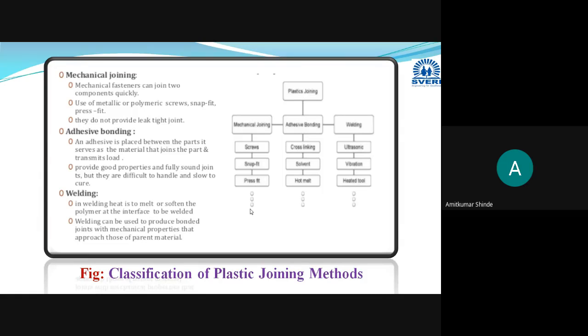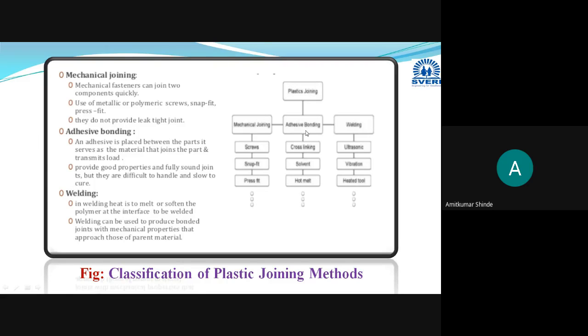This will be termed as mechanical joining. And what is the disadvantage of mechanical joining? Whenever you use mechanical joining, some leakage may be there. A tight joint is not obtained here.